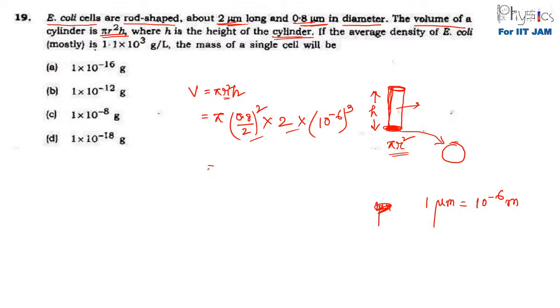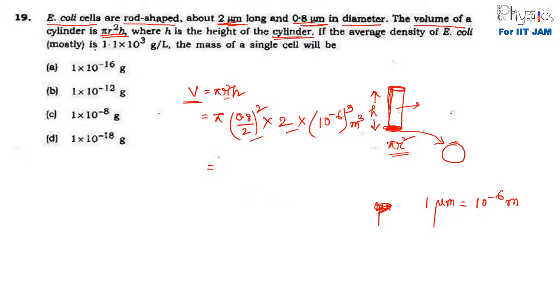So here we get the volume as pi r square h, right? This is in meter cube, right?